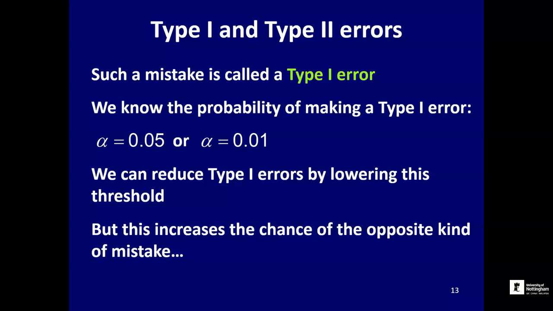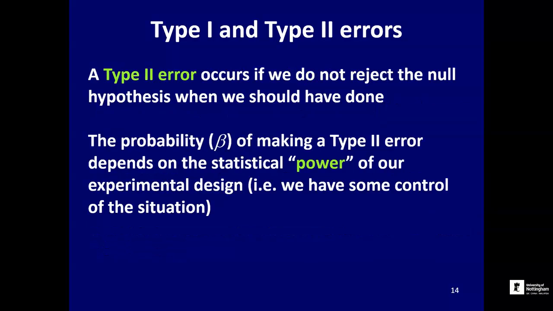The problem with that is that if you really clamp down on type 1 errors, you risk making the opposite kind of mistake. So a type 2 error is the opposite kind of mistake, where you do not reject the null hypothesis even though it's actually not true. So the probability of making a type 2 error is conveniently called beta, as opposed to alpha, the type 1 error rate.